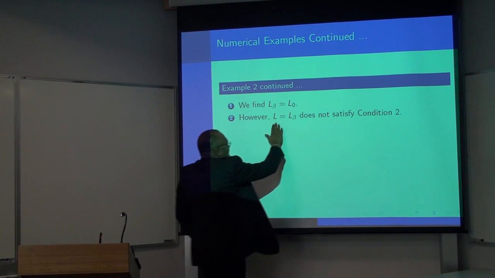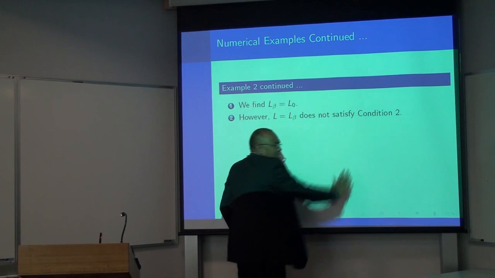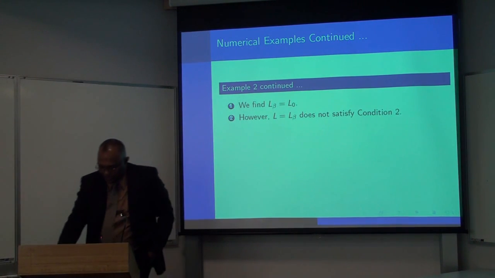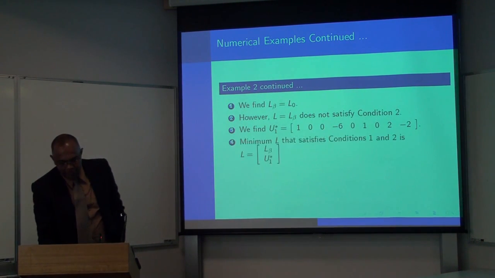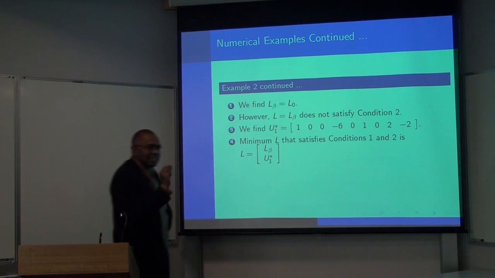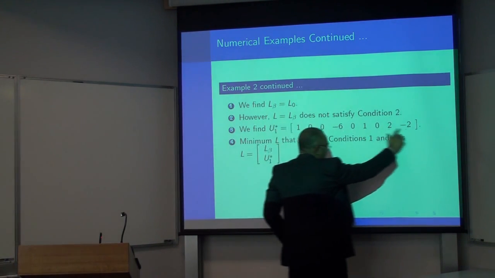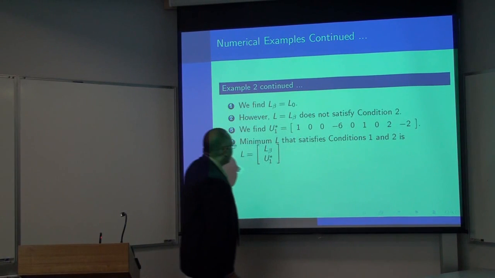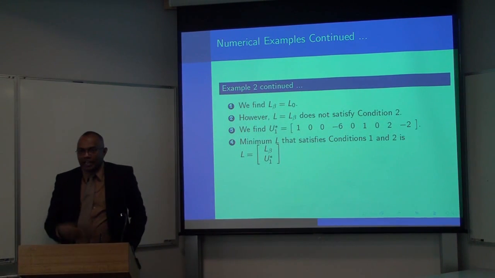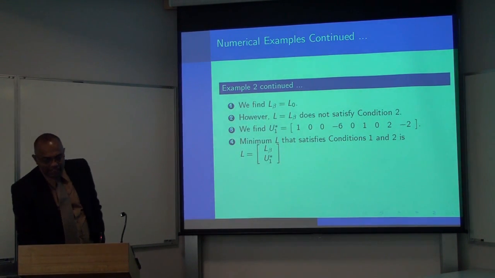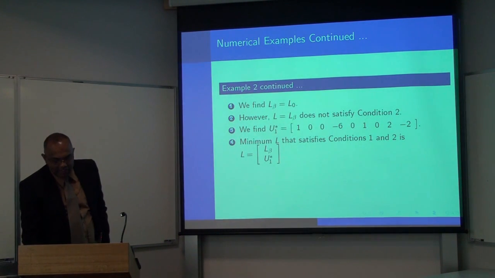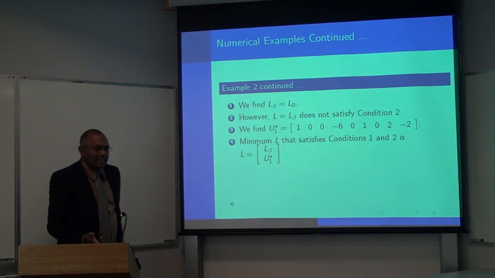However, we note that L equal to L beta does not satisfy condition 2, so we need to proceed to phase 2. And if you add this row from CAC, so this belongs to CAC, then conditions 1 and 2 both are satisfied. So that's a phase 2 observer. So notice that this is a 9th order system. We design a 2nd order observer here.